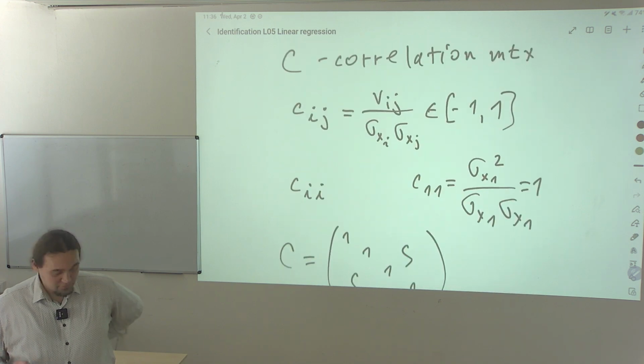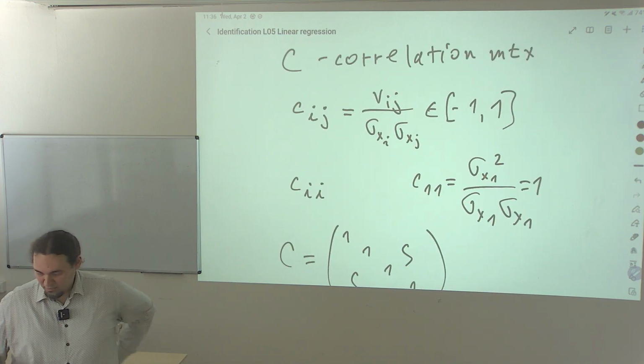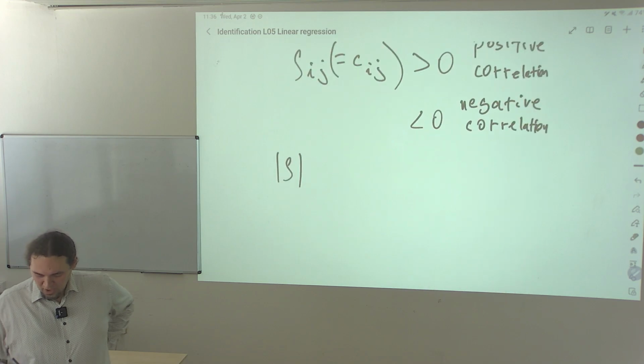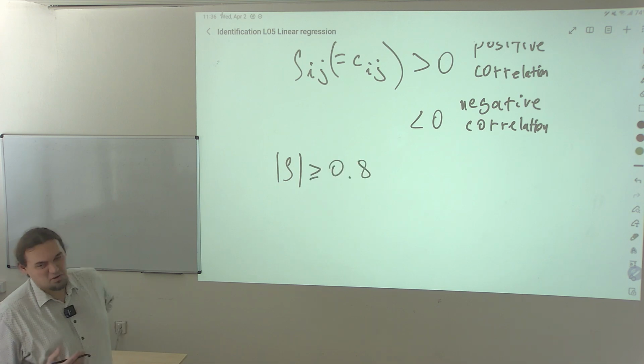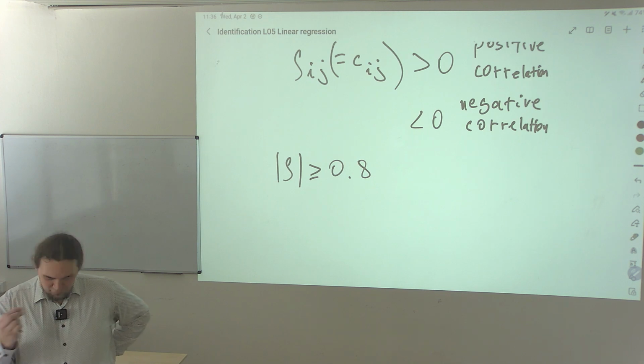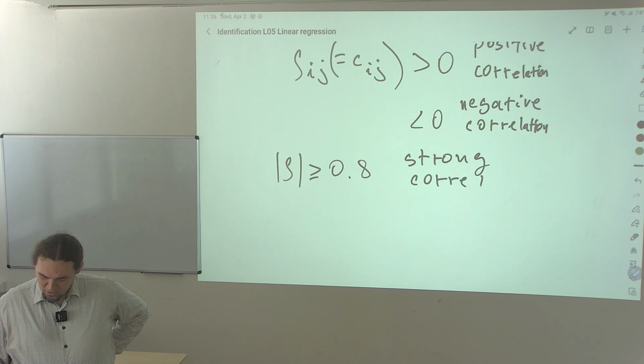Because these correlation coefficients have this nice property that they are just between -1 and 1, we can look at their absolute value. If this is, let's say, greater or equal to 0.8, these are just rough numbers, then you could conclude we have a strong correlation.